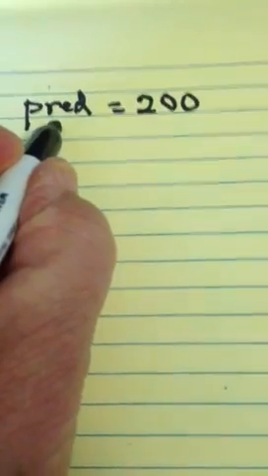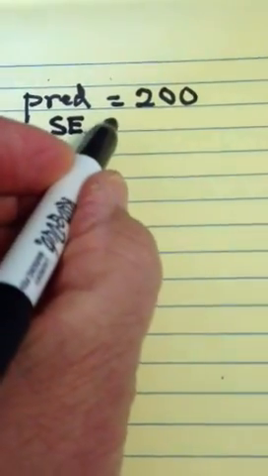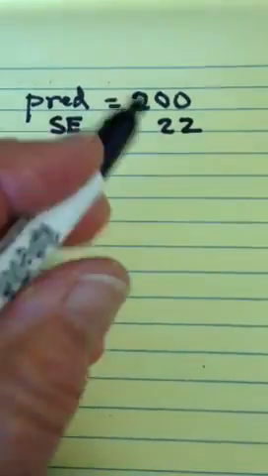That's just an estimate, and the regression tells you the standard error of those kinds of predictions, which in this case is 22, we're going to say. And that's much like the standard deviation of those errors, basically.